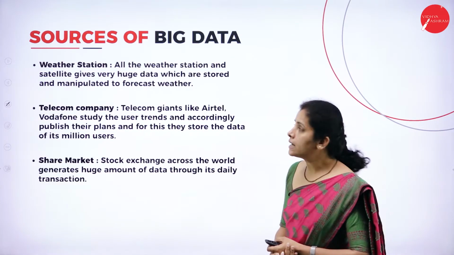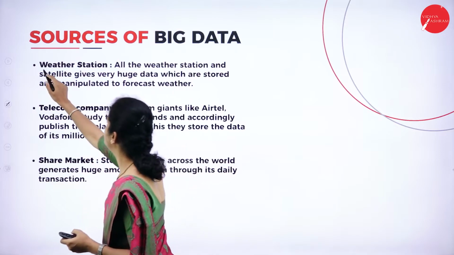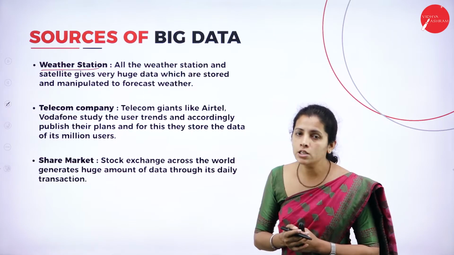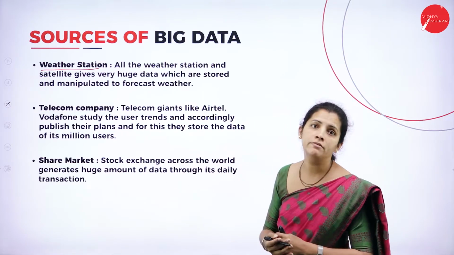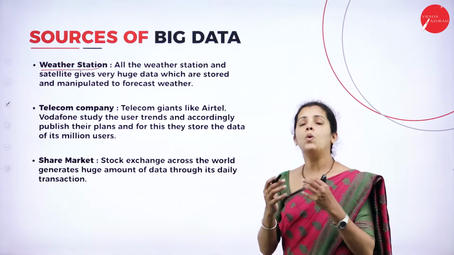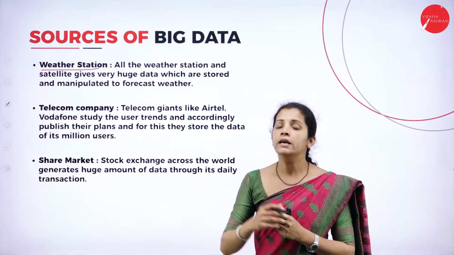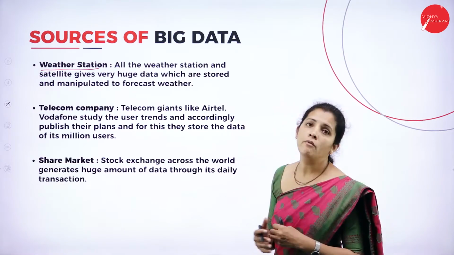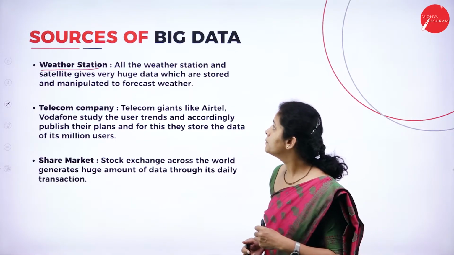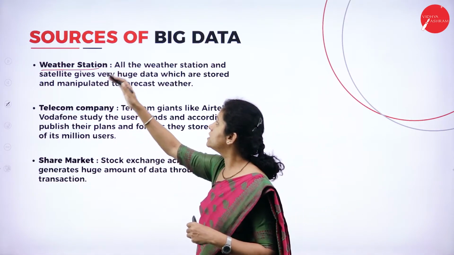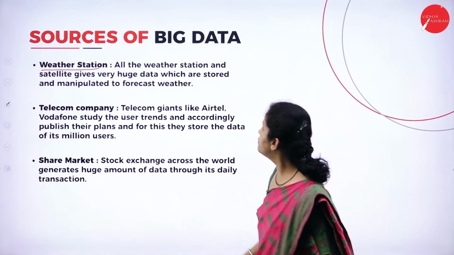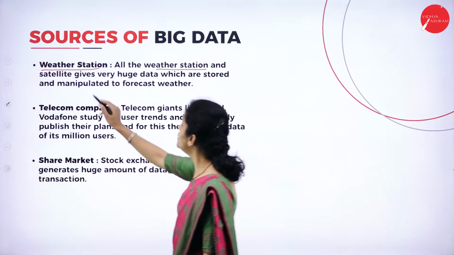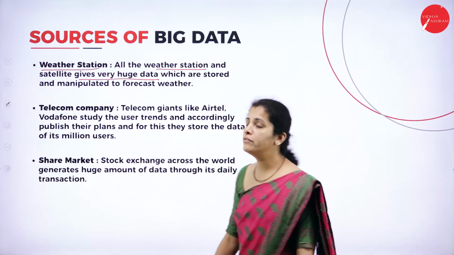Now, if I consider weather stations, dear student, we are familiar with the word satellite. What is the job of the satellite? It is to capture geographical information, that is nothing but weather information, etc. So weather stations and satellites give a massive amount of data.